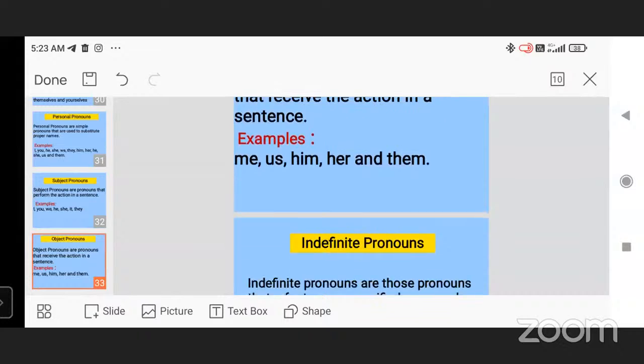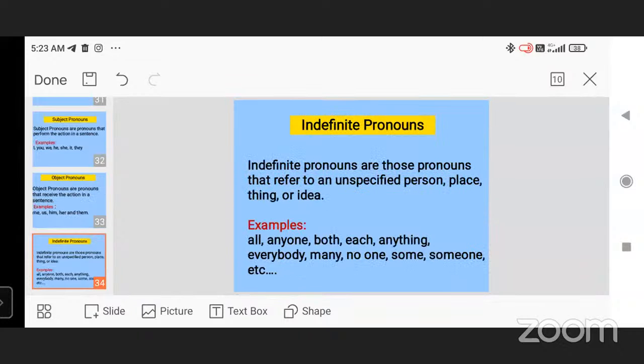Next is indefinite pronouns. Indefinite pronouns are those pronouns that refer to an unspecified person, place, or thing. So we have too many people in a place, and we can't particularly mention each one.